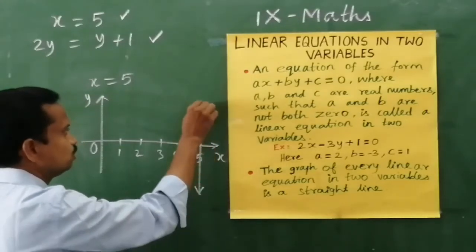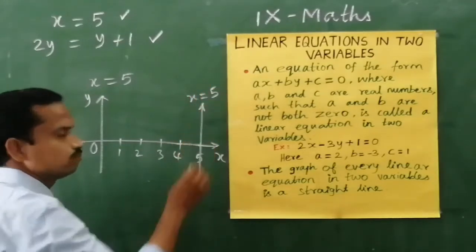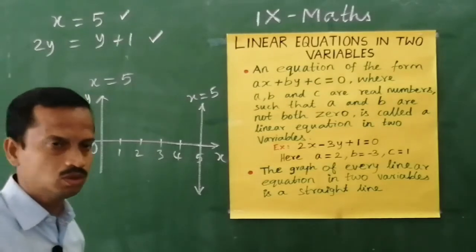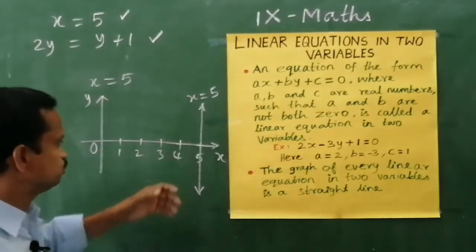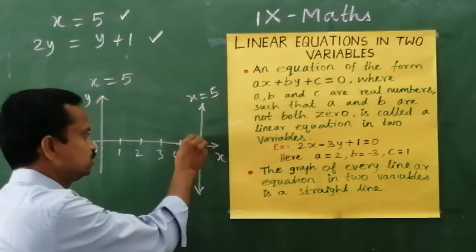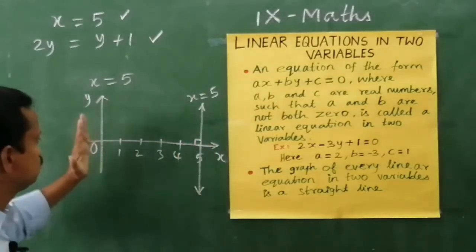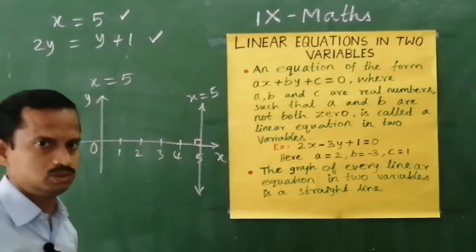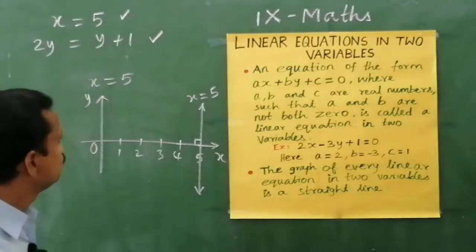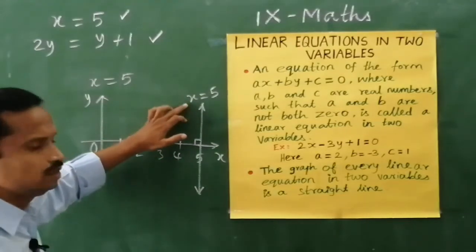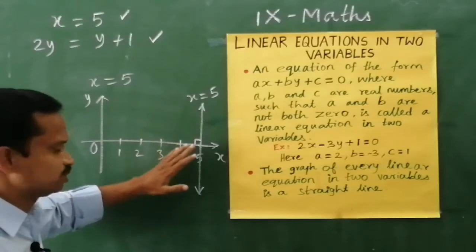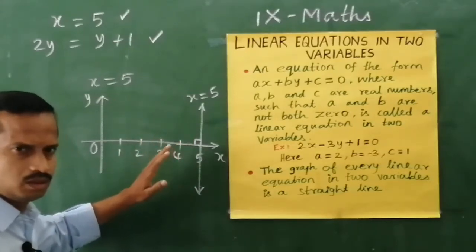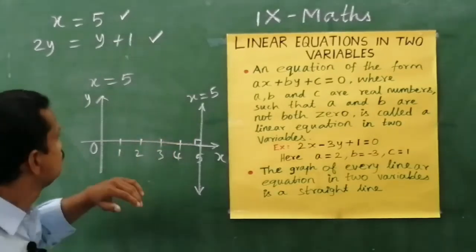This is called x equal to 5, which is perpendicular to the x axis and parallel to the y axis. So, both ways we can say. So, the linear equation in one variable we have represented in a graphical way.